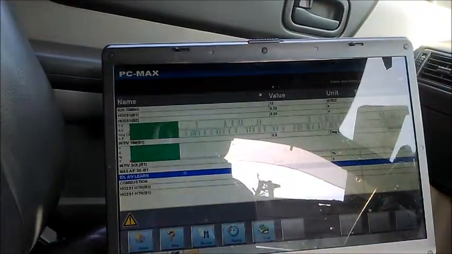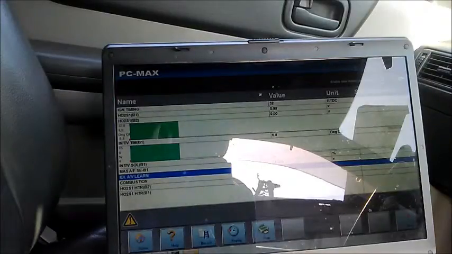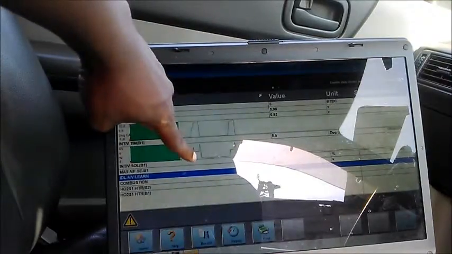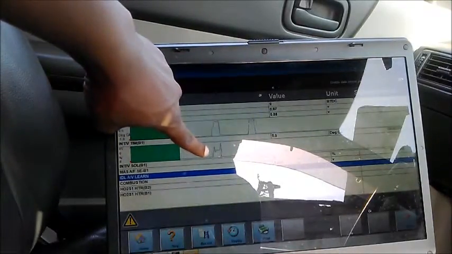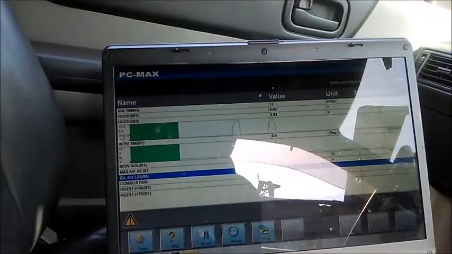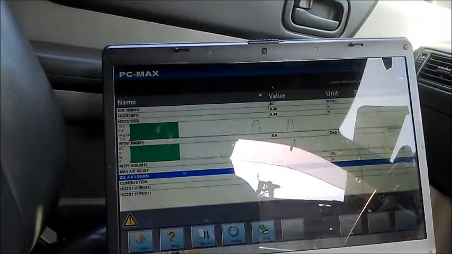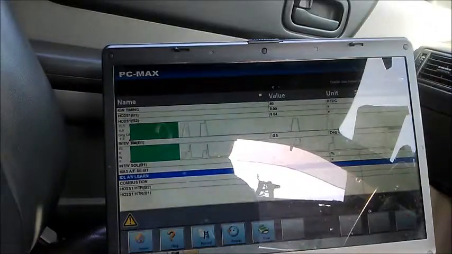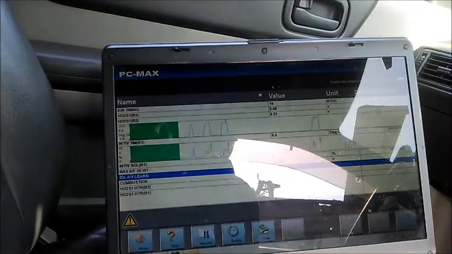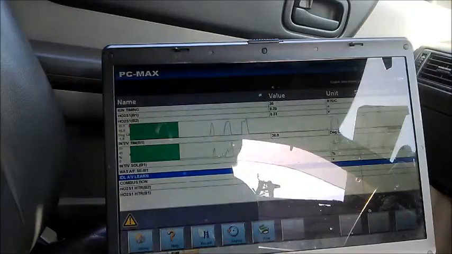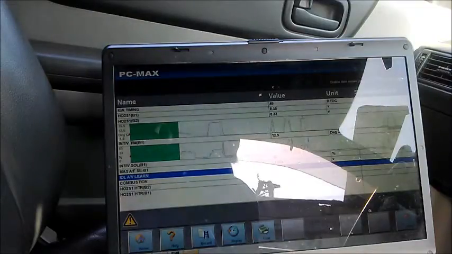Let's see if that changes with RPM. You can see very clearly that whenever the ECM commands valve timing change, the valve actually achieves it. I'm going to hold the RPM at about 2000. That's 3500.